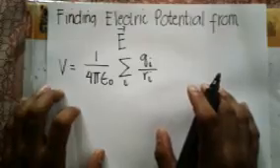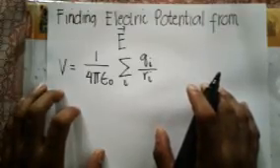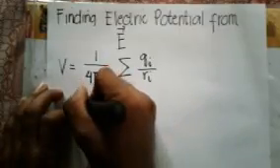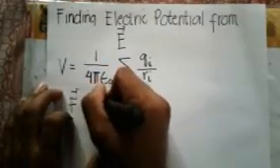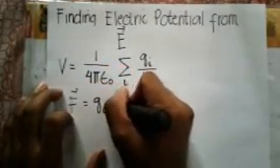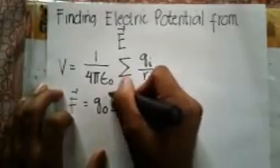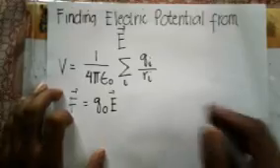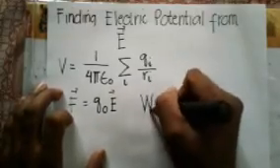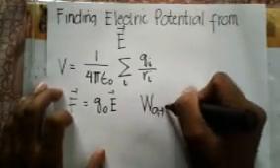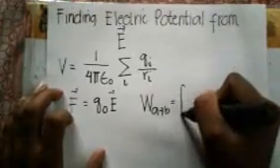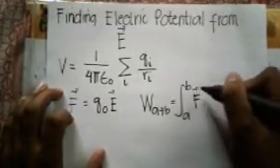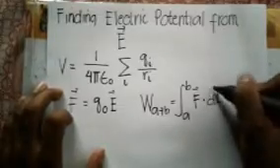Now, the force on the test charge q naught can be written as F equal to q naught E. So from this equation, the work done by the force is the integral from point A to B of force times dl.